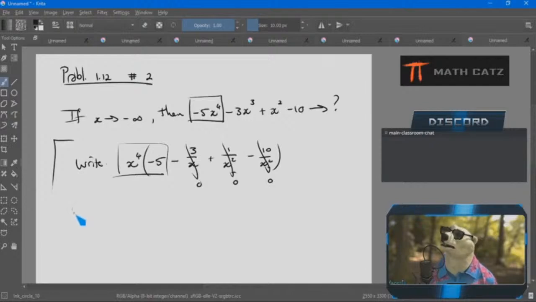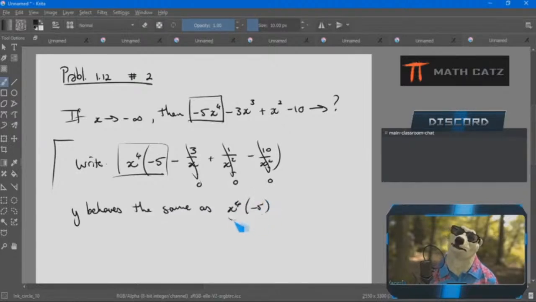So again, my function, I'll call it y, behaves the same as x to the 4 times -5, which is the leading term.